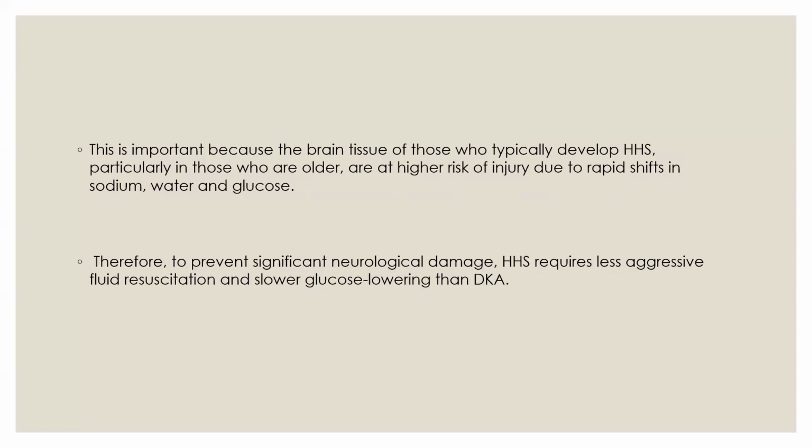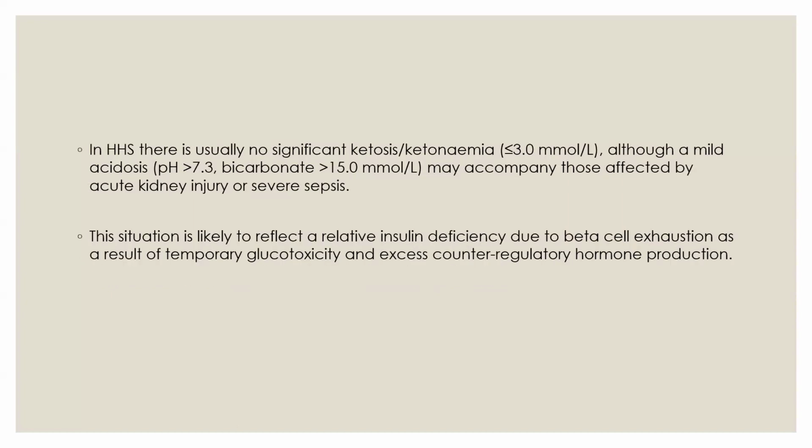This is important because the brain tissue of those who typically develop HHS, particularly those who are older, is at high risk of injury due to rapid shifts in sodium, water, and glucose.